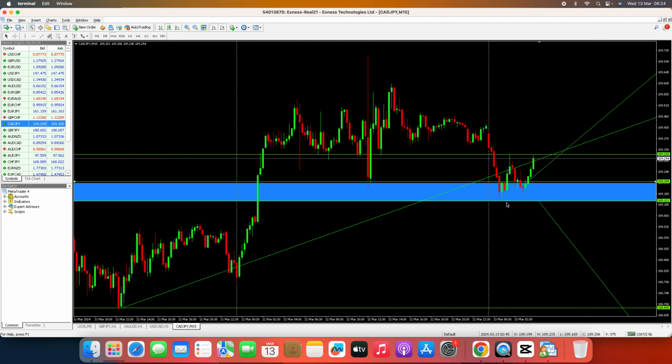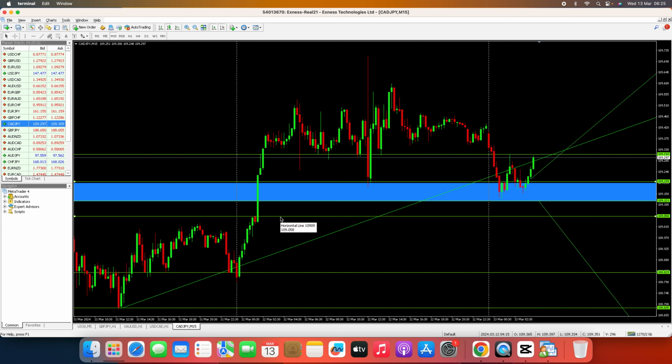109.121. So if you start selling around that area, obviously your stop loss will be set around the price of 109.199, and then looking at where you can set your TP, your TP can be set around 108.829, and there is another TP level as well that you may consider looking into.